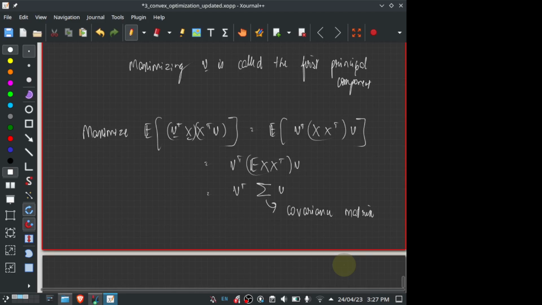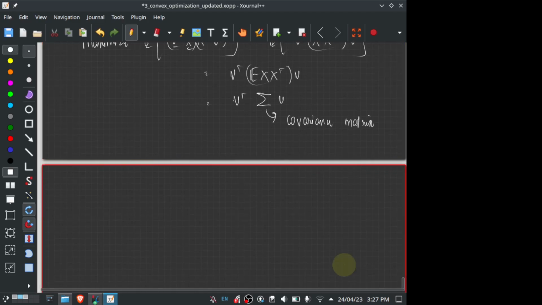Okay, so what do we know about the covariance matrix? Before that, let's again recall the problem. The goal is to maximize v transpose sigma v subject to the constraint that norm v equals 1.